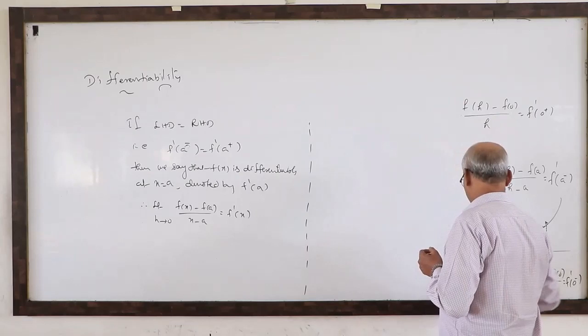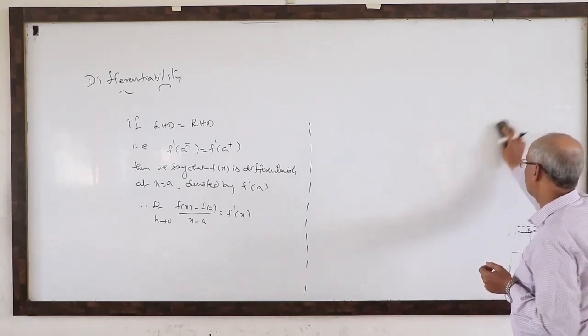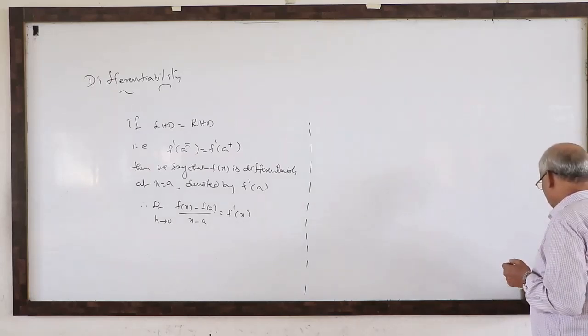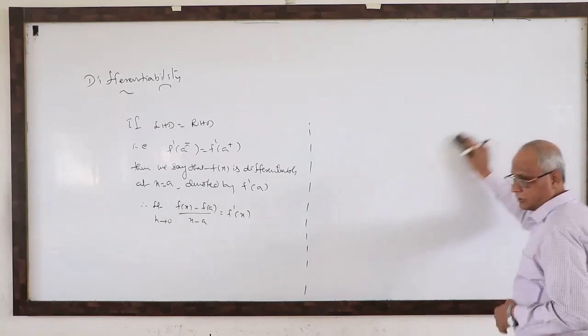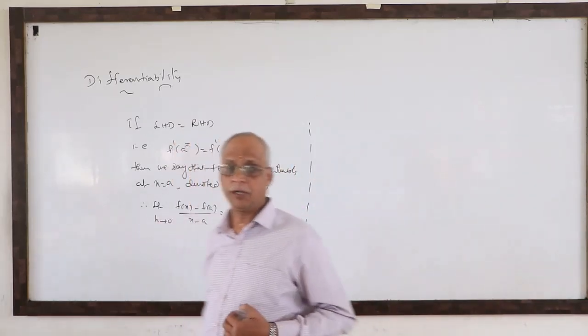We need the graph of the mod function. Mod function, already you know mod x, but it is not mod x only. In the place of x they can put any function. So better note down 2-3 examples here.